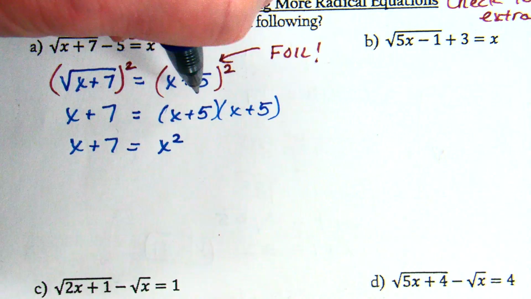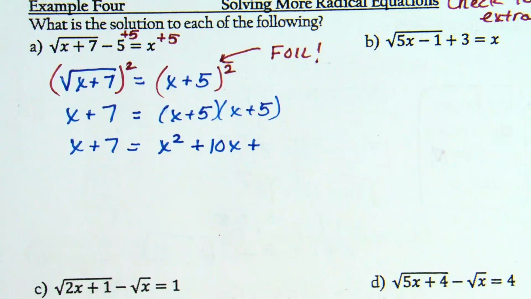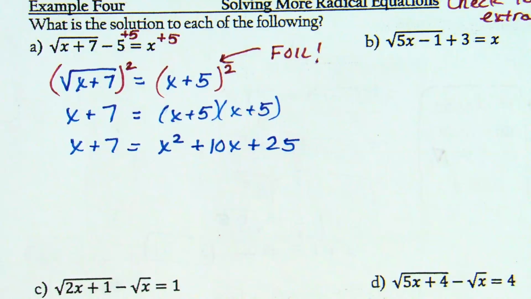What's 5x plus 5x? 10x. Plus 5 times 5, 25. Okay, guys, we just added in an x squared. Solving technique now.